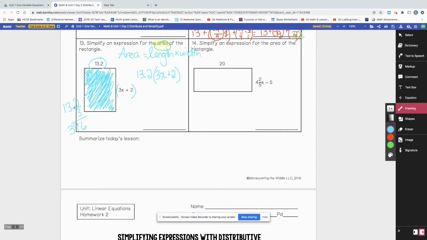Nope, because I've got that one decimal place. So I'm going to come over one decimal place right there. So I really have 39.6 times x. I don't want to forget about that x.